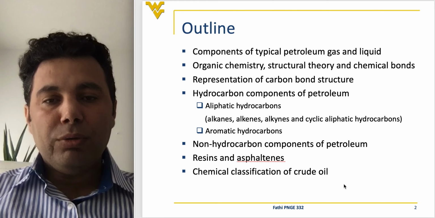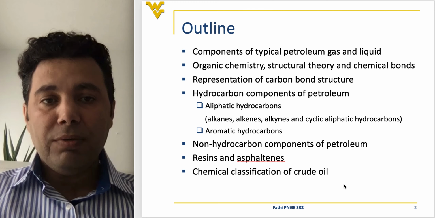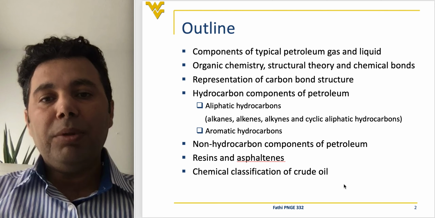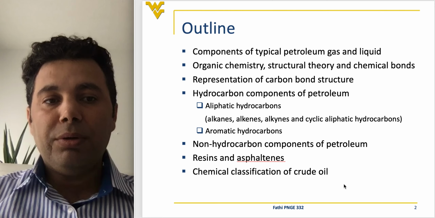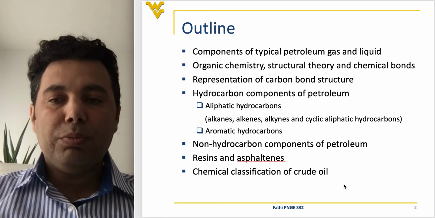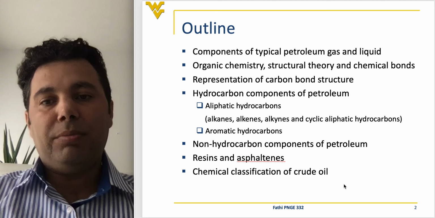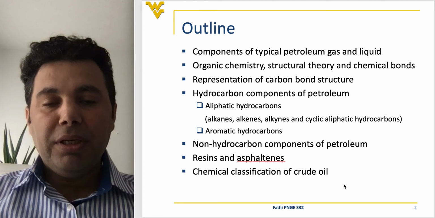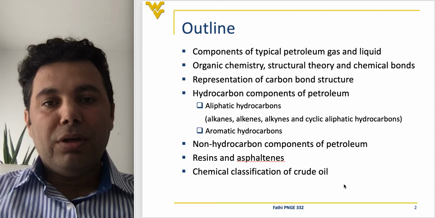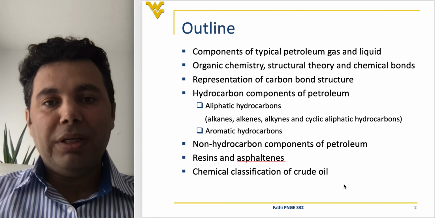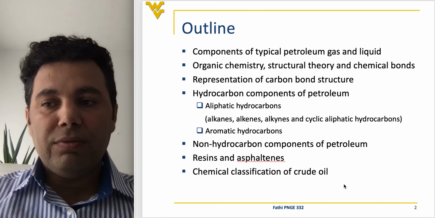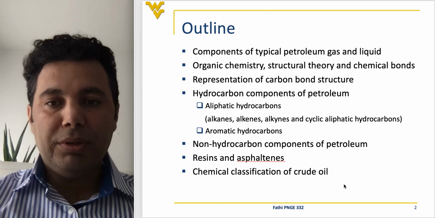So today we are going to start with the components of typical petroleum, gas, and liquid. And then we are going to cover a little bit of organic chemistry and structural theory and chemical bonds. I know these parts should be already covered in your organic chemistry, but because of the unconventional reservoir development, there are lots of applications in the oil and gas industry nowadays that depend on a good understanding of these chemical properties.